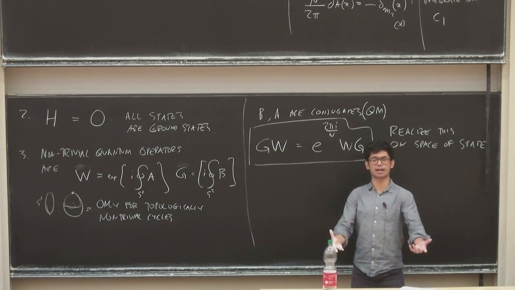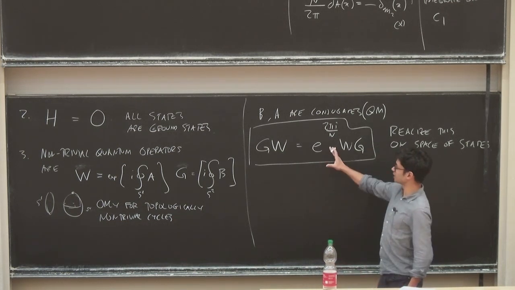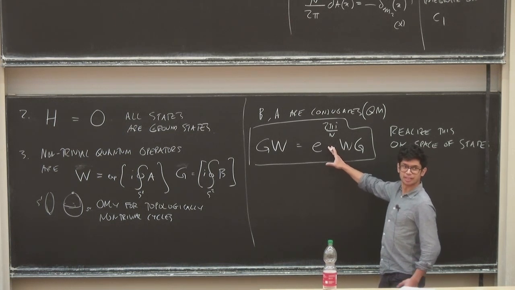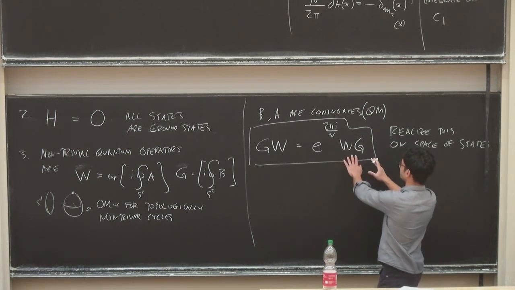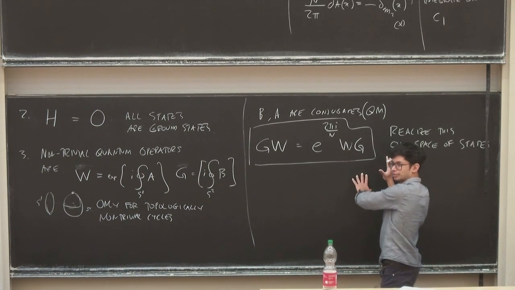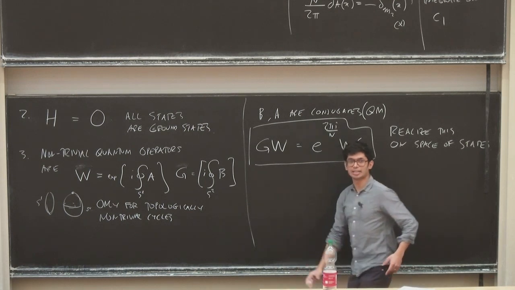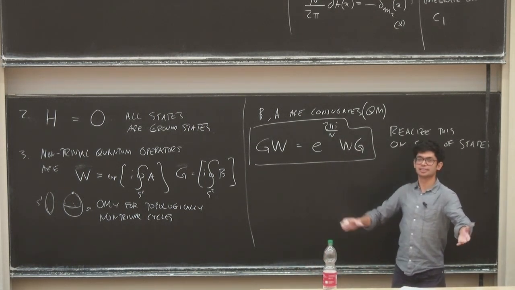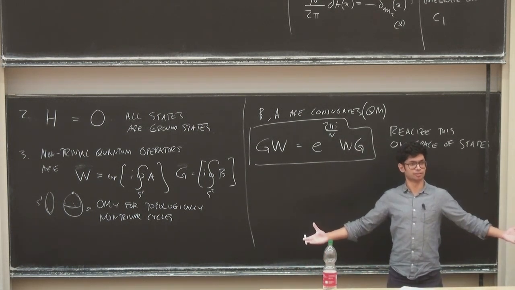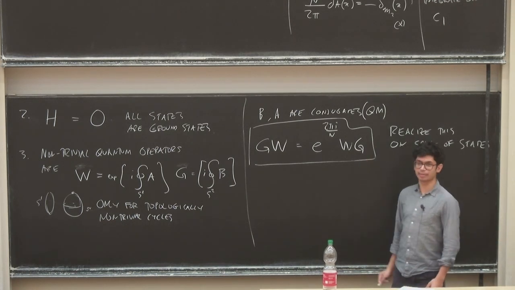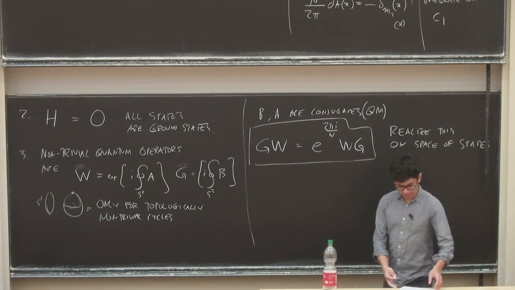Normally you have a unique ground state, but this means that you can't have a unique ground state. If you had a unique ground state, you could act with this on it and get the unique ground state again, and you could act with that on it and get the unique ground state again, and then you have the unique ground state equals a phase times the unique ground state, and that's bad.